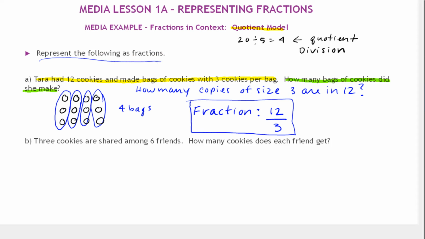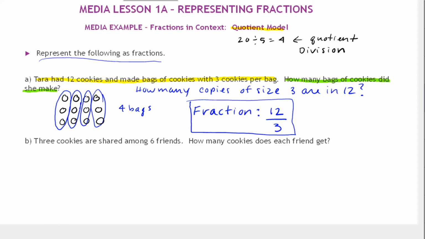So we know 12 divided by 3, or 12 over 3, or 12 thirds is equal to 4. For now, you may have learned in the past about simplifying fractions. We're going to learn about that in the next lesson. For now, we're just going to leave them in this form, 12 divided by 3. Let's look at the next one.